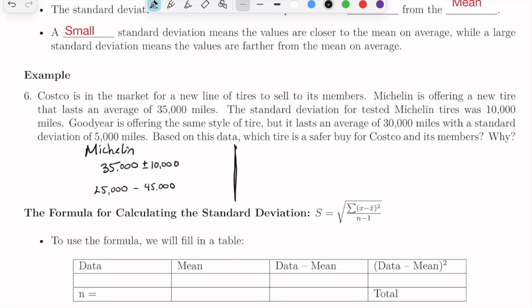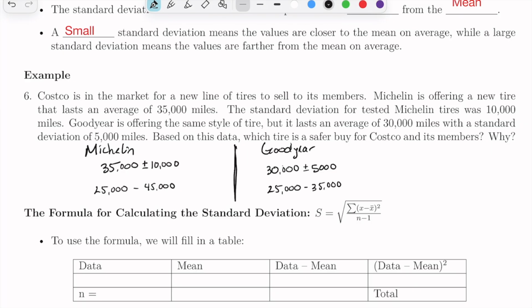If we look at the Goodyear tire, we can see that it lasts an average of 30,000 miles, and it has a standard deviation of 5,000. So if we say plus or minus 5,000, then this goes down to 25,000 and as high as 35,000.